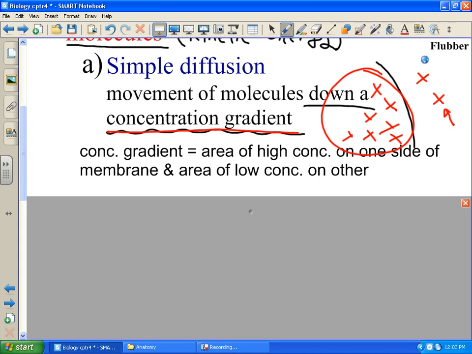And what diffusion says is the molecules move down the gradient. So they're going to move from where there's a lot to where there's not. Some of these are going to move across the membrane to try to balance it out, just by random motion.